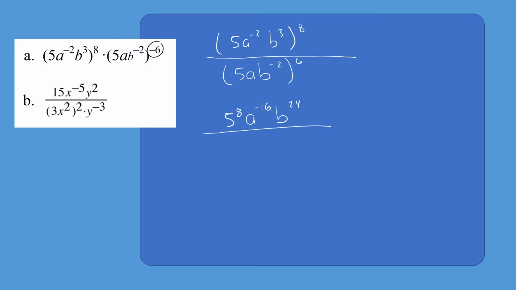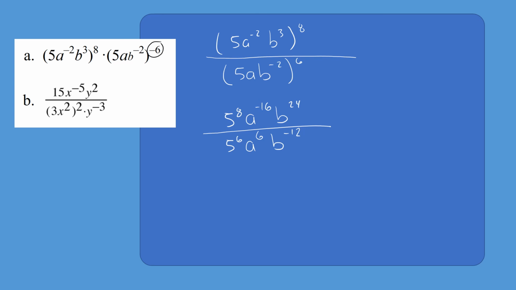Very nice. In my denominator, I'm going to do the similar thing. I'm going to write this as 5 to the 6th power, a to the 6th power, and then b to the negative 12th power. Now you can see there's a couple places where I've got negative exponents. I've got a to the negative 16th, and I've got b to the negative 12th.